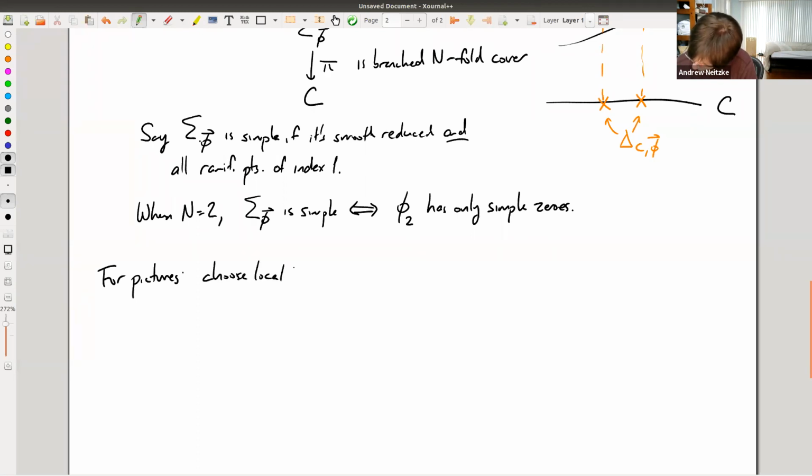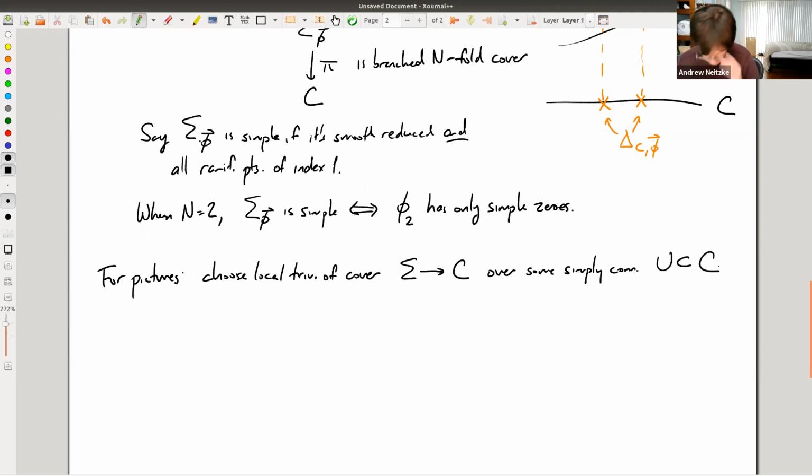I can't do it everywhere, but I can always do it over any simply connected domain, because there's no monodromy over a simply connected domain. Sorry, of course, then I should delete the ramification: a simply connected domain away from the ramification.